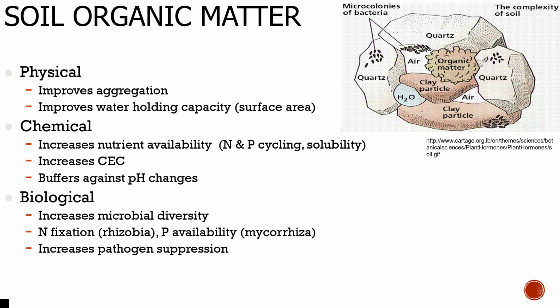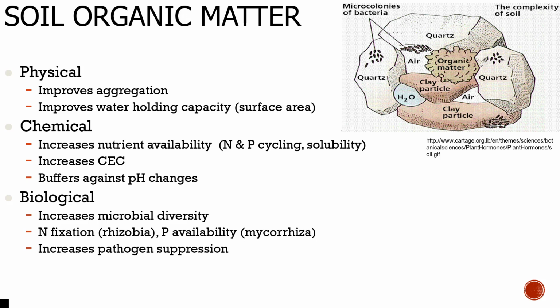It increases CEC, which is cation exchange capacity, and we will talk about that. As I mentioned, clay is very chemically active. Organic matter is even more active than clay particles, so it's important to have organic matter in your soil. It can also help buffer against pH changes.